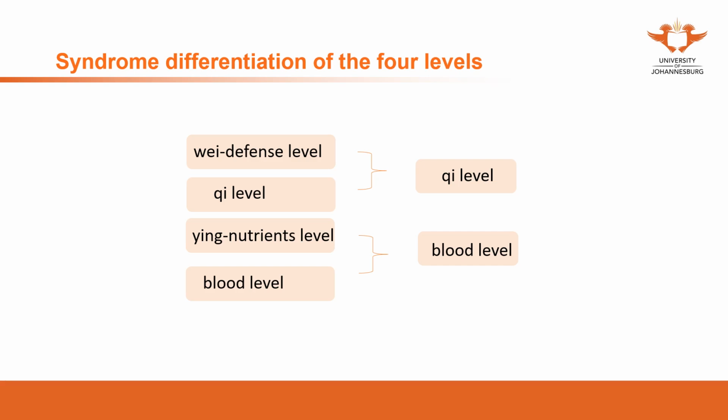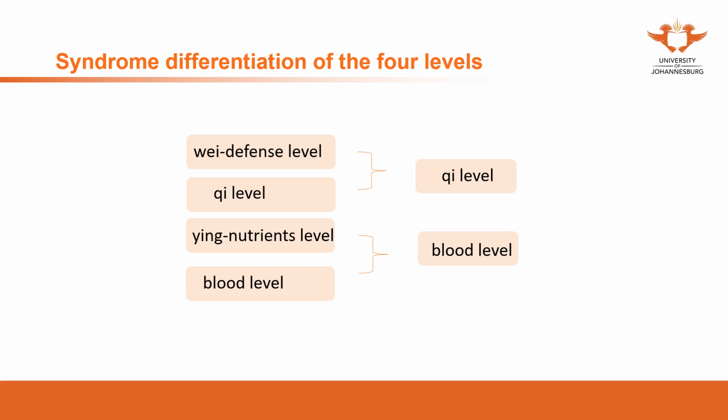Also, when we studied the six meridians, I gave you a line between the Yang and Yin. The Yang meridians and the Yin meridians: the disease, the pathogens, develop into a deeper position of the human body, from the Yang position to the Yin position. In other words, from exterior to interior, from Yang to Yin.